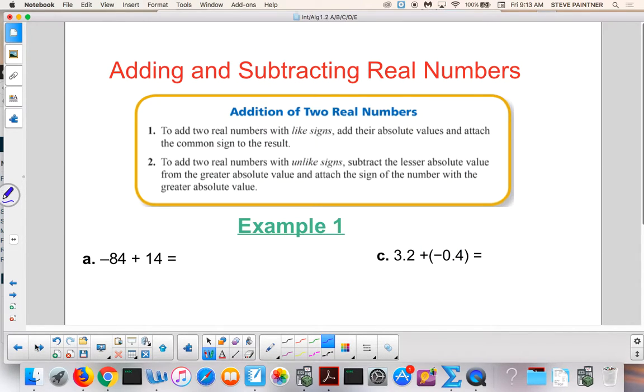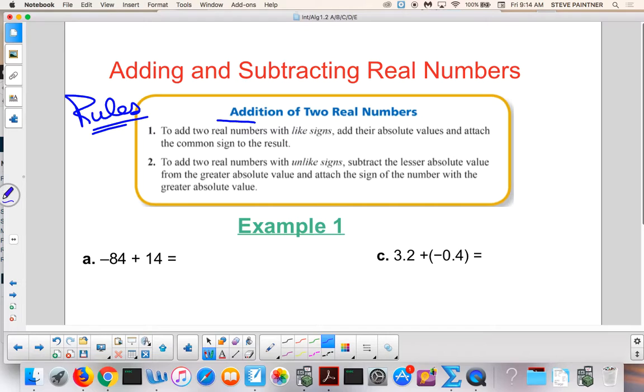All right, first off, they talk about the rules. The rules for what? Adding and subtracting, but they don't ever say subtraction, because really they just want you to look at a problem and say, I'm adding 2 numbers. What 2 numbers could it be?